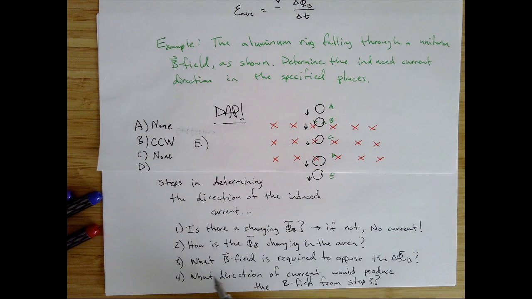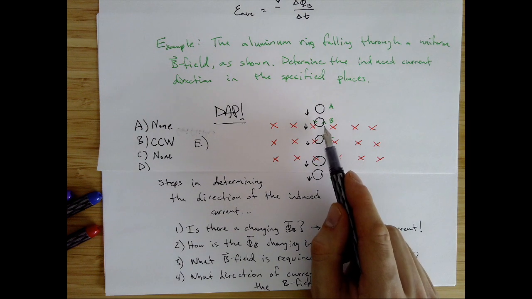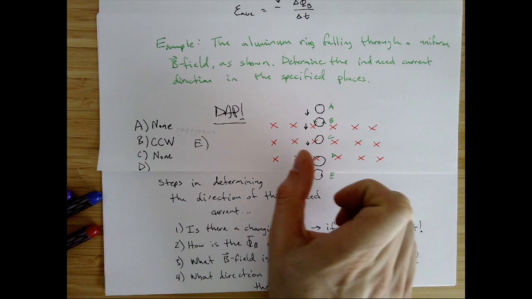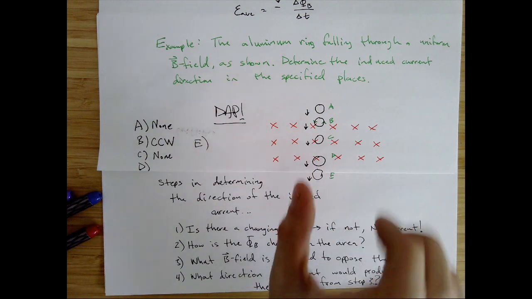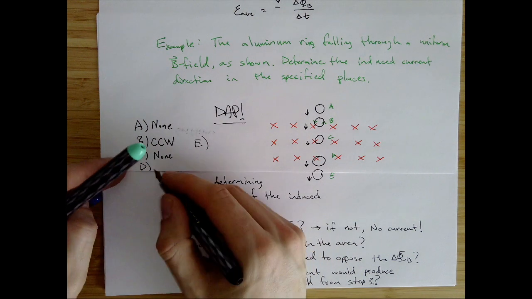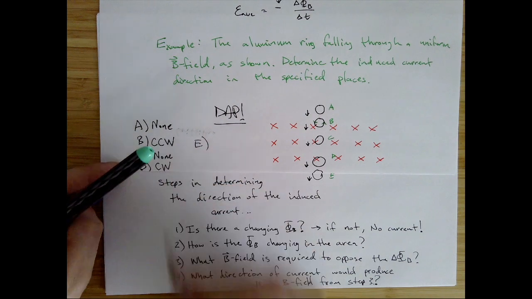Now we have to decide what B field is required to oppose the change in flux. Well, if we're losing X's, that means we have to add X's. And as we showed when we were analyzing part B, if we have a clockwise current around the loop, it would add X's into the area of the loop. So we know that the direction of the induced current for part D is clockwise.